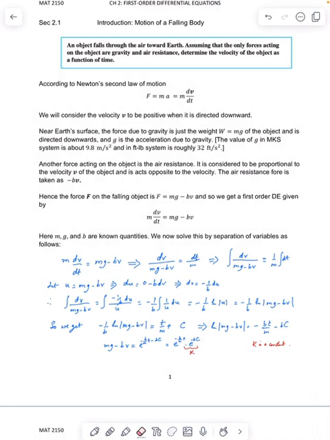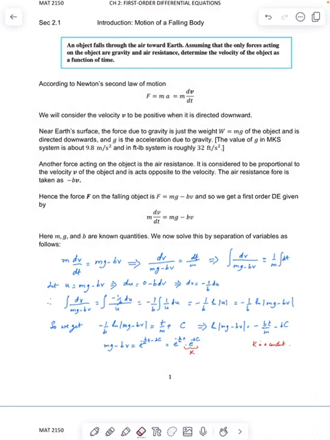As I mentioned earlier, b will be a known value because it's a constant, and it depends on the material of the object and the shape of the object. And little g is the acceleration due to gravity, and little m is the mass of the object.